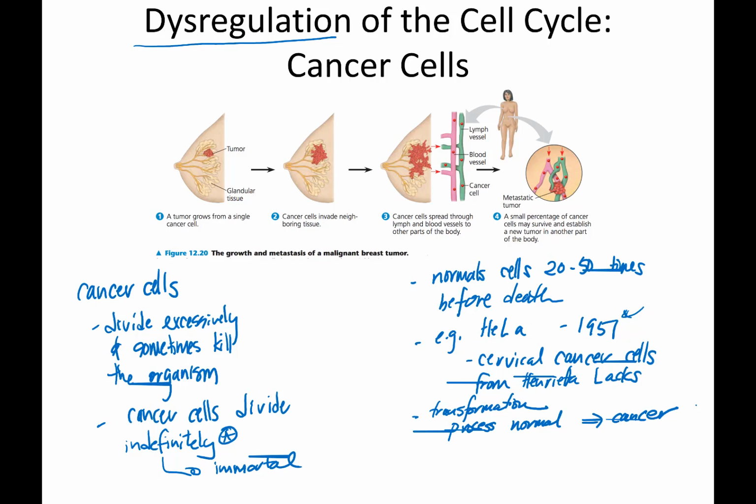But some cells do escape this immune system. And they can become tumors of one of two flavors: benign tumors, which stay put in the organs, versus malignant. Benign stays in tissue. Malignant ones spread throughout the body.